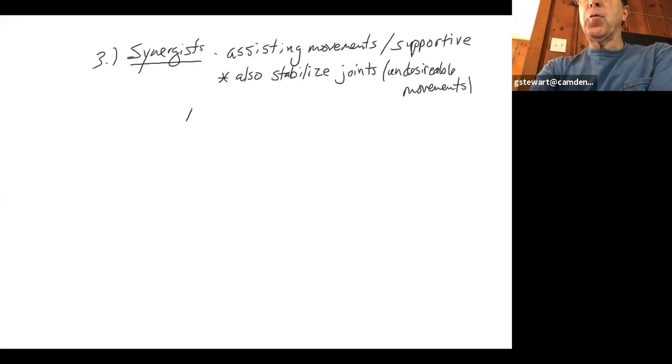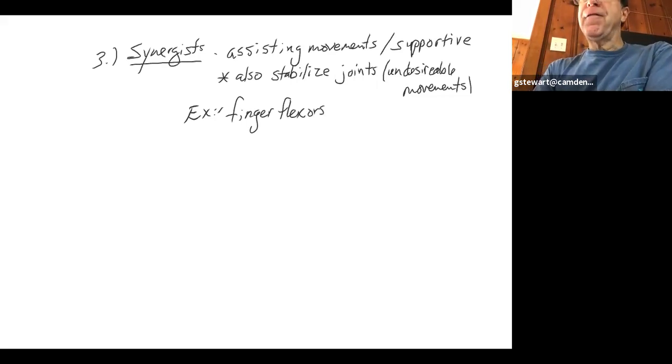The example that your book gives, so I'm going to use the same one for now, is your finger flexor muscles. Your finger flexor muscles run really from the base of your forearm all the way across your hands, your wrist, and your fingers. So I'm just going to write finger flexors.